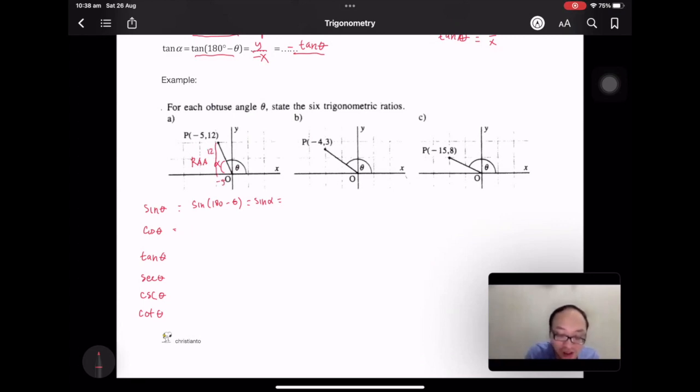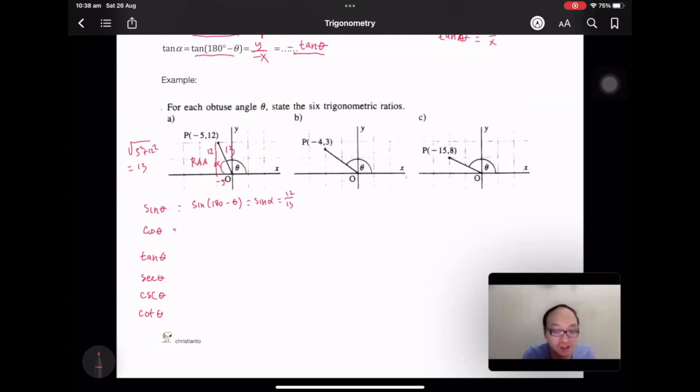So the length of the line will be from Pythagoras. 5 squared plus 12 squared equals 13 squared. So this is 13. So the sine alpha here will be 12 over 13.